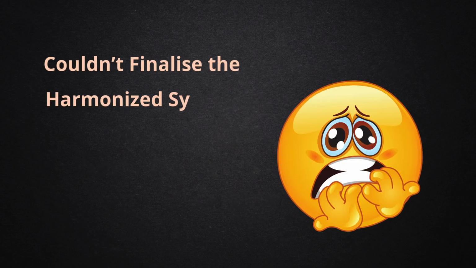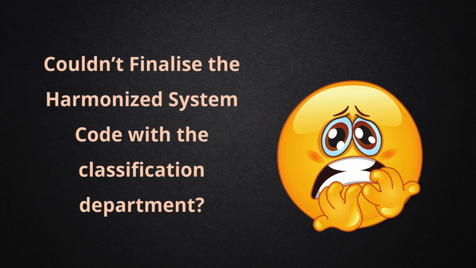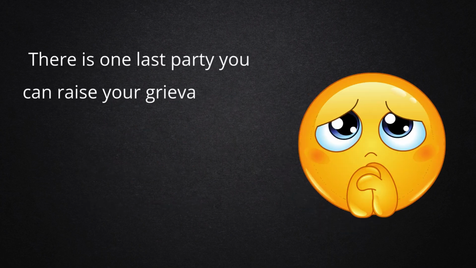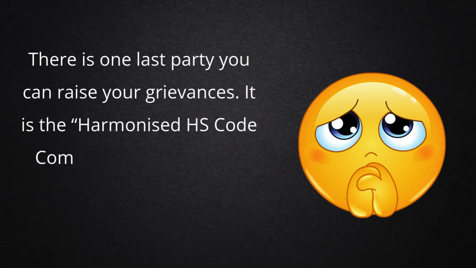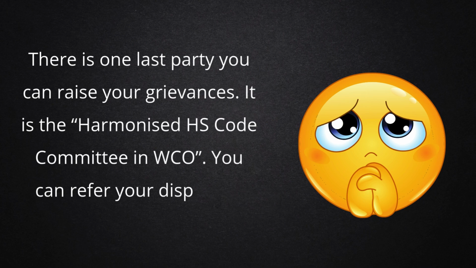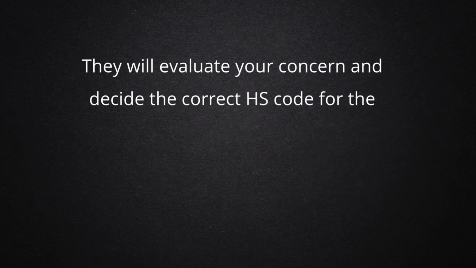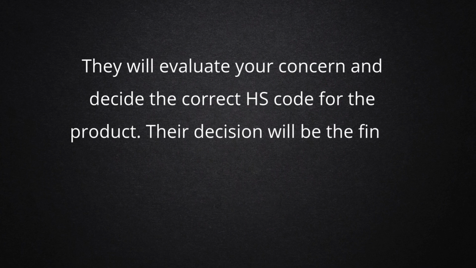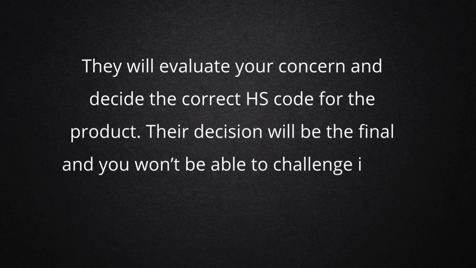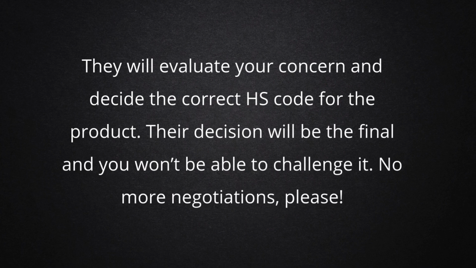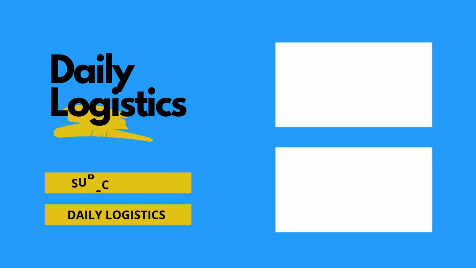Couldn't finalize the Harmonized System Code with the Classification Department? There is one last party you can raise your grievances. It is the Harmonized HS Code Committee in WCO. You can refer your dispute to them. They will evaluate your concern and decide the correct HS code for the product. Their decision will be final, and you won't be able to challenge it. No more negotiations, please.